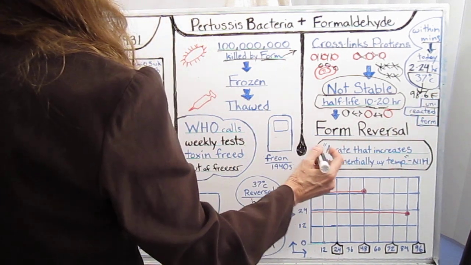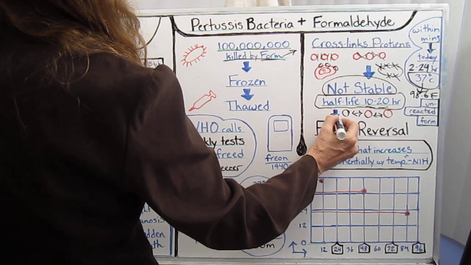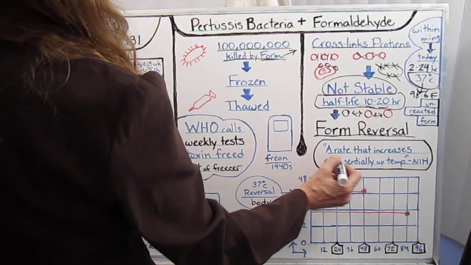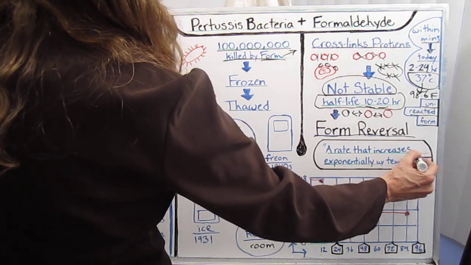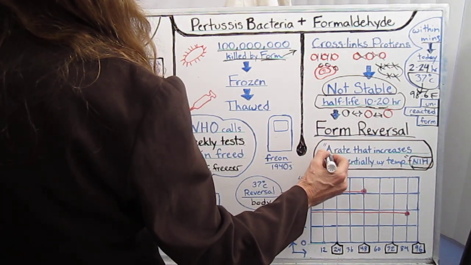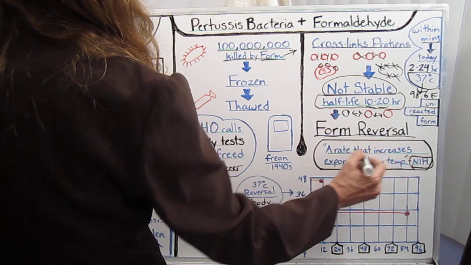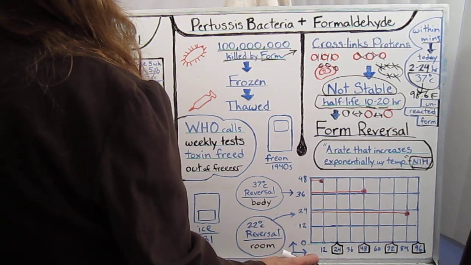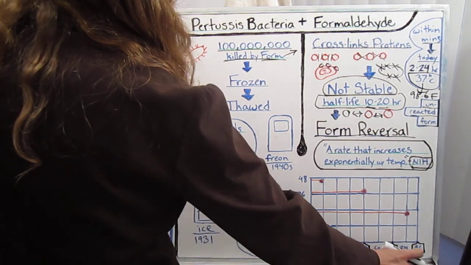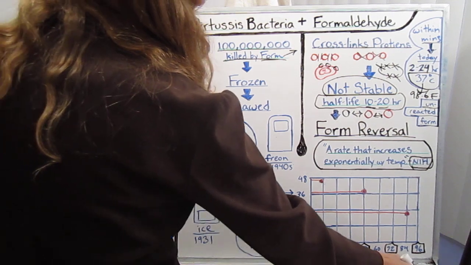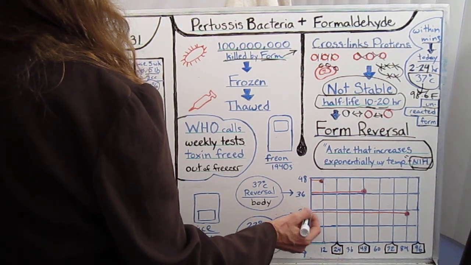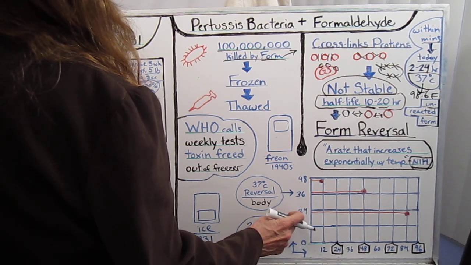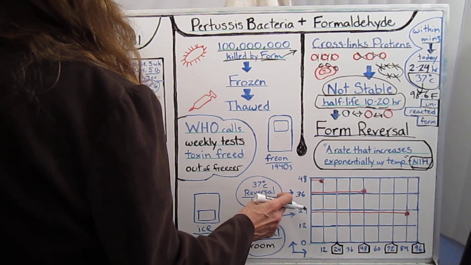This is called formaldehyde reversal. The NIH, the National Institutes of Health, says that it reverses at a rate, quote unquote, that increases exponentially with temperature, which is what this graph is showing. I have 12-hour increments of time going this way, 1 day, 2 days, 3 days, 4, and here 12 degrees centigrade, increasing on this side of the graph, showing room temperature and body temperature.